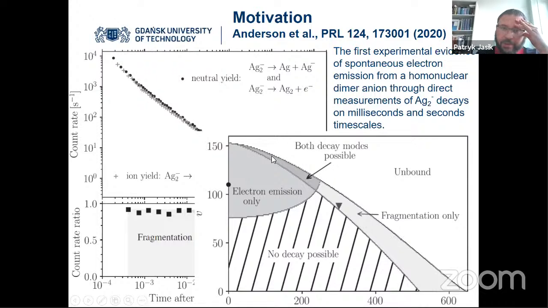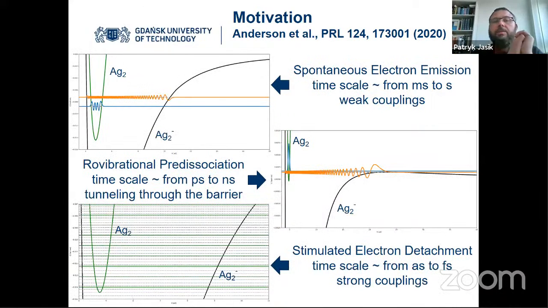And here is only a very small region in which both decays are possible. Today I will talk exactly about spontaneous electron emission. The time scale is far away from attoseconds. It is milliseconds and seconds because of weak couplings.